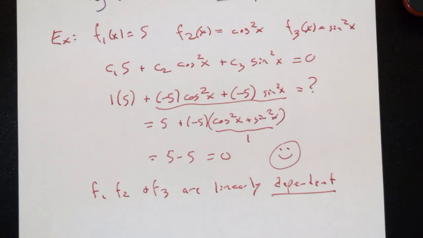Another way to think of this is that there's a way to write 5 as a multiple of cosine squared and sine squared, isn't there? 5 cosine squared plus 5 sine squared gives me 5.